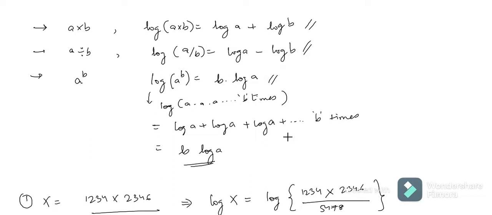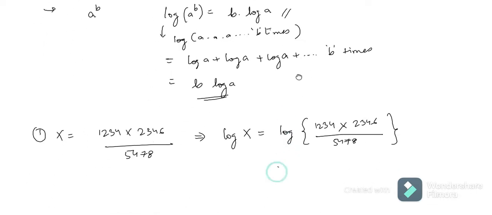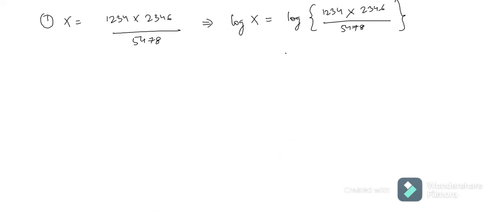We won't be needing the third one in this question, so we have to use only the first two. Whatever is multiplied gets added, whatever is divided gets subtracted. So we expand this: it will be equal to log 1234 plus log 2346 minus log 5478, right?